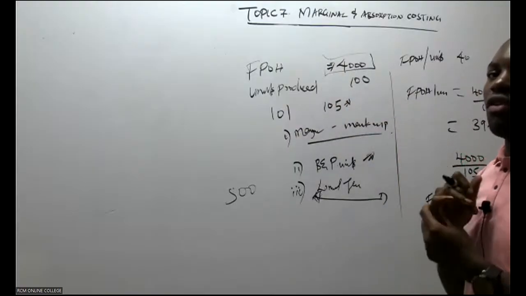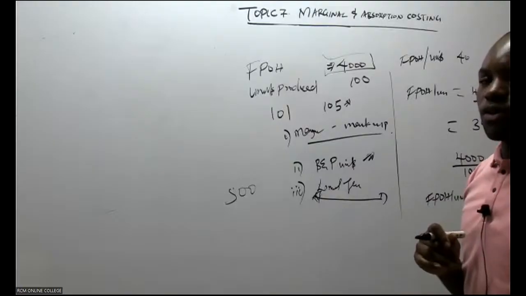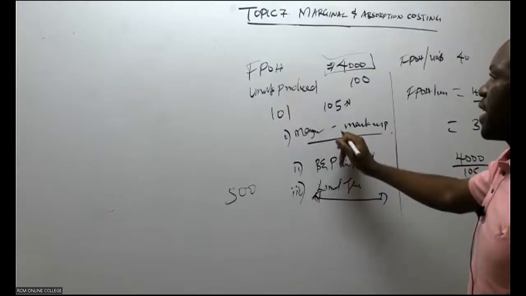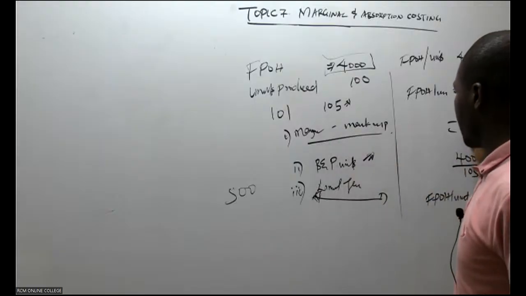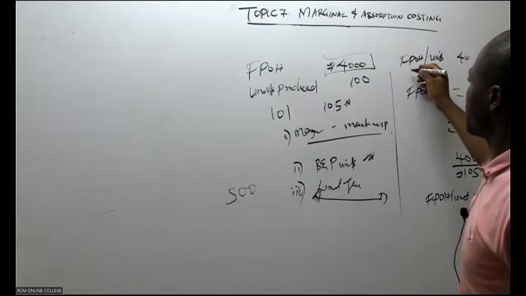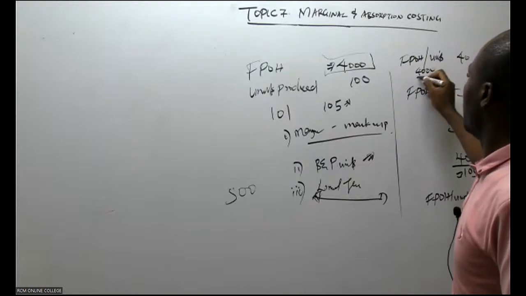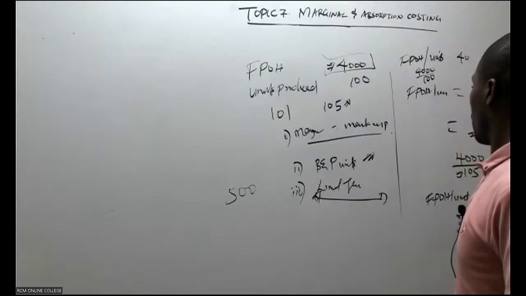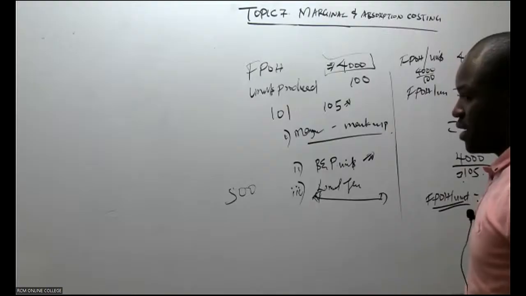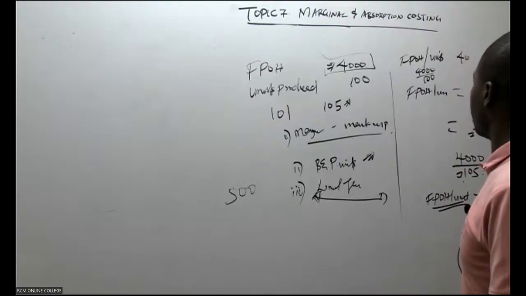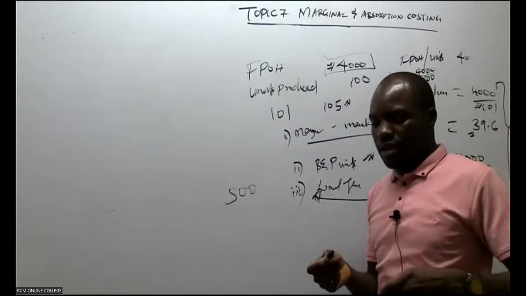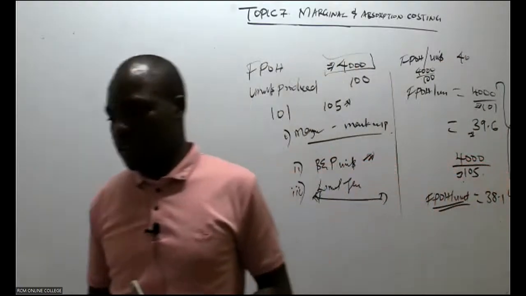Then we look at over or under absorption. That is what we need to understand here. So as the quantity increases from 100 to 105, the fixed production overhead per unit is reducing. And the reduction is beneficial to the company because it helps them to increase their final profit.